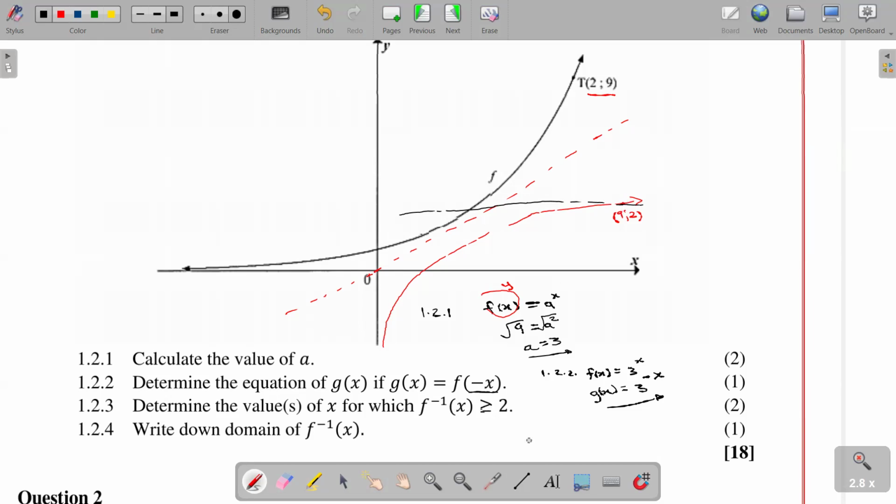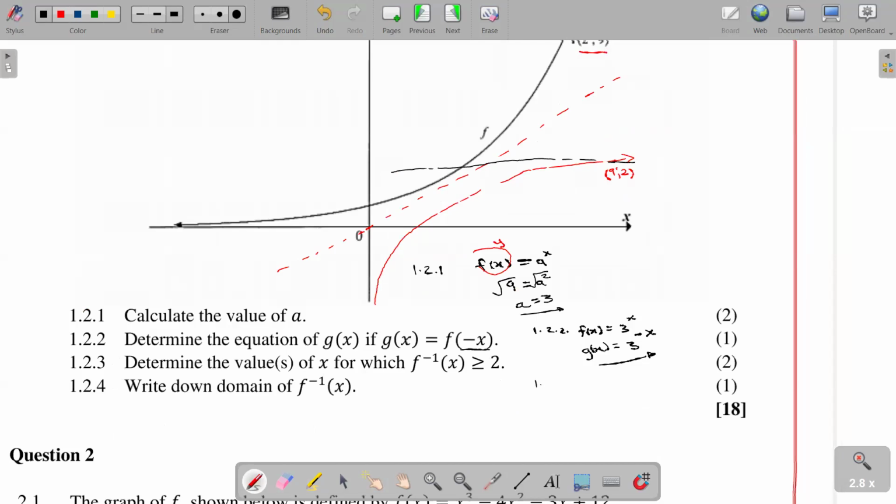So our solution for 1.2.3 was going to be saying, sorry, it's x, not y, x is greater than or equal to 9.